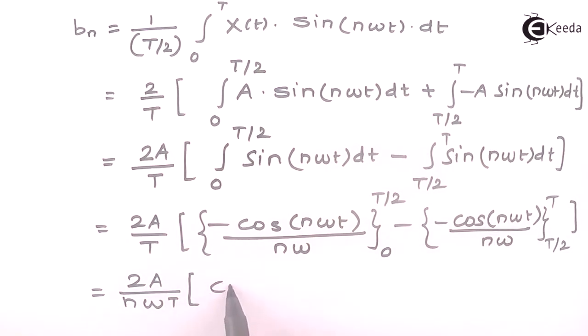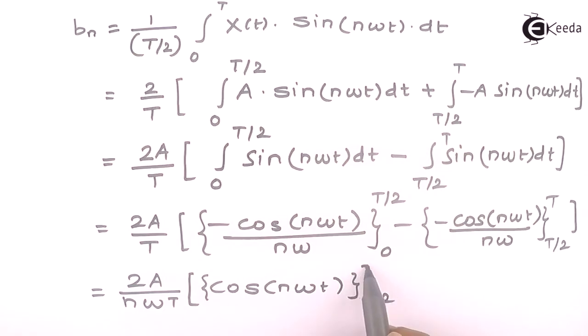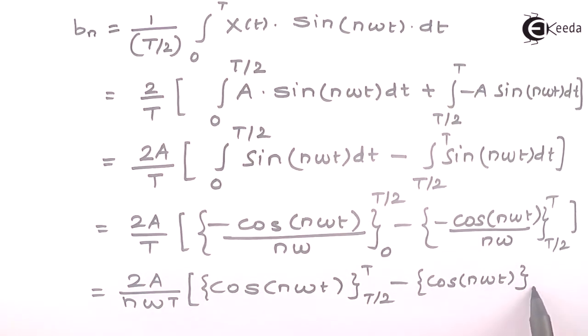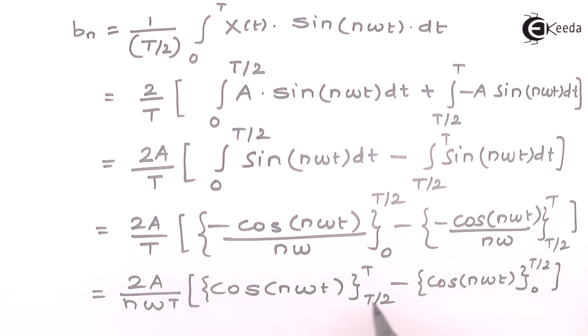So it will be cos n omega t, limits are T by 2 to T, minus, I have taken out in bracket cos n omega t, but limits are 0 to T by 2. So we can apply the limits now.